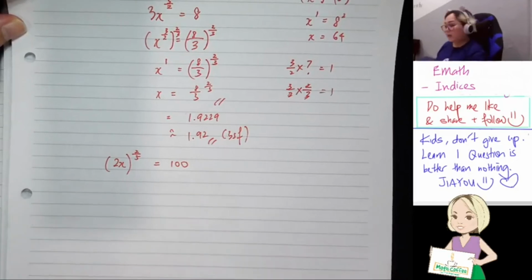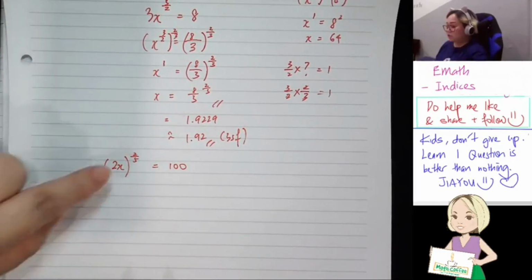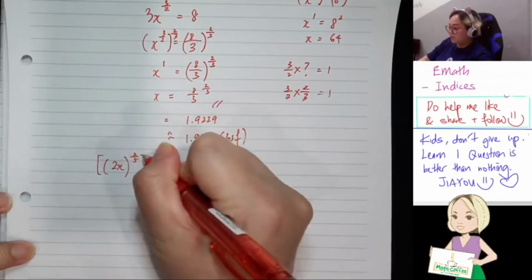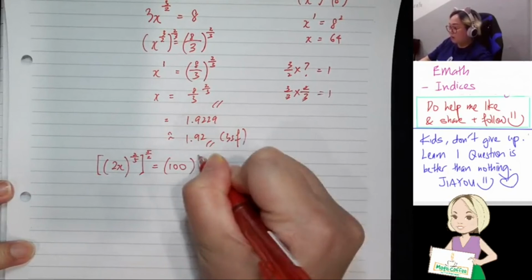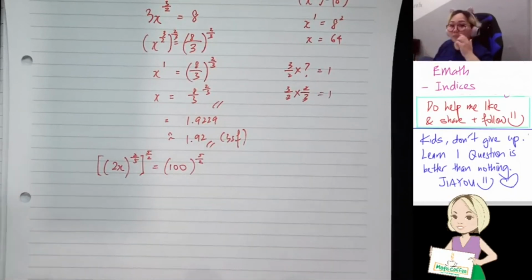Same thing as I just mentioned. We want to change the 2/5 power to become 1, right? So what we can do is raise both sides to the power of 5 over 2. Do the same to both sides. Okay?